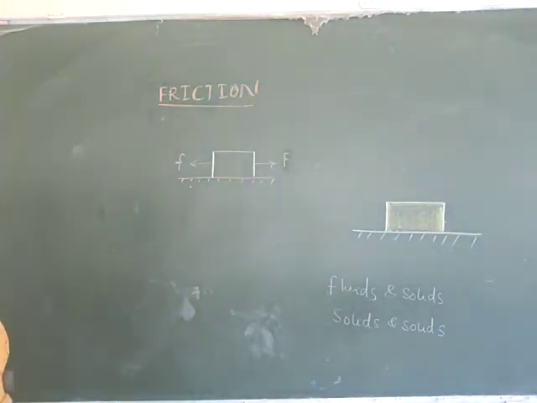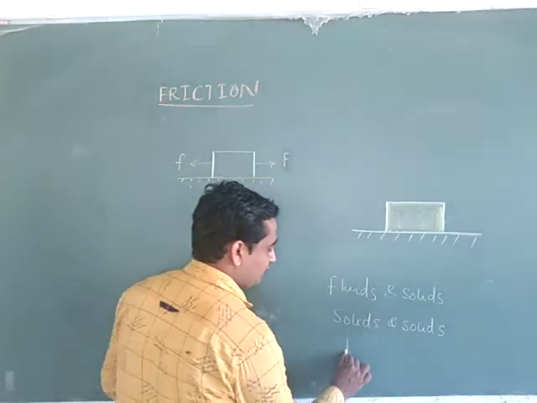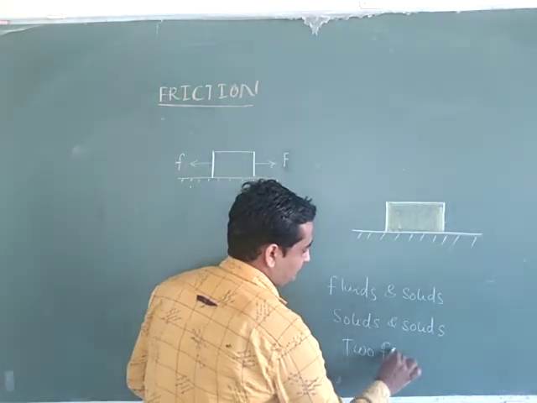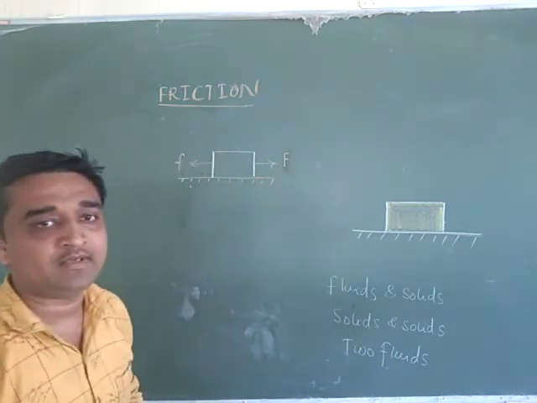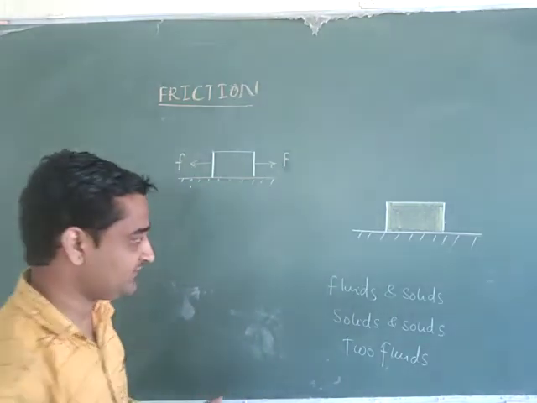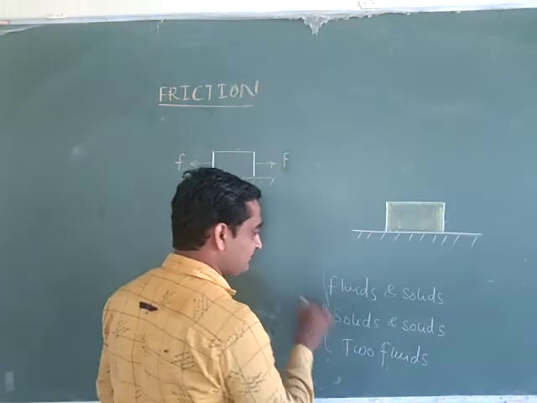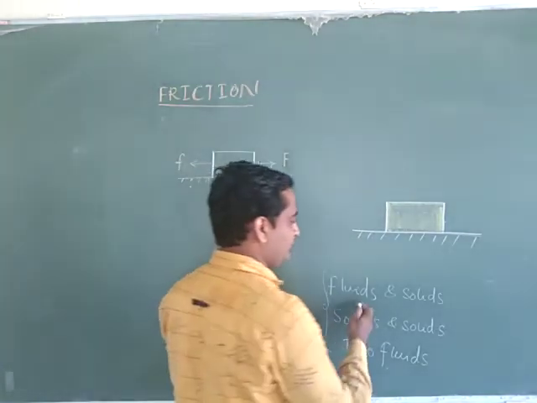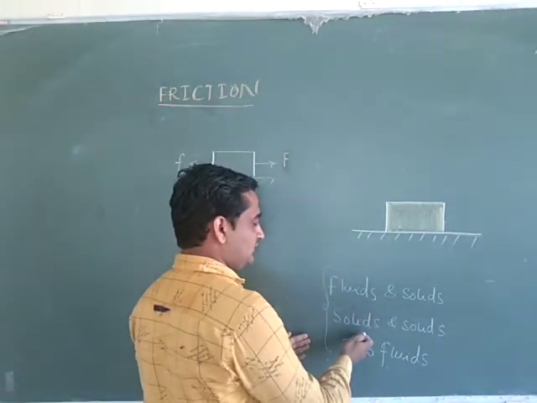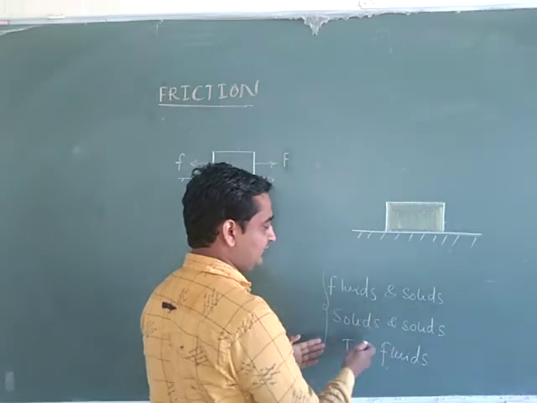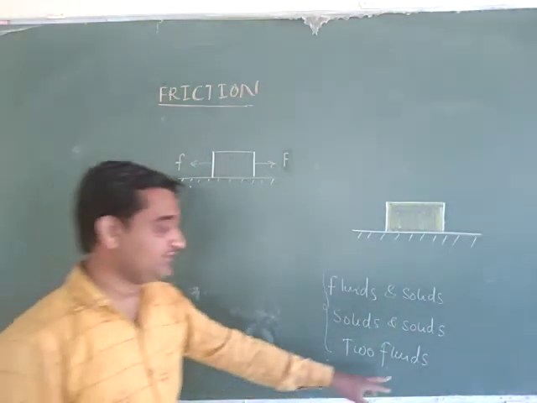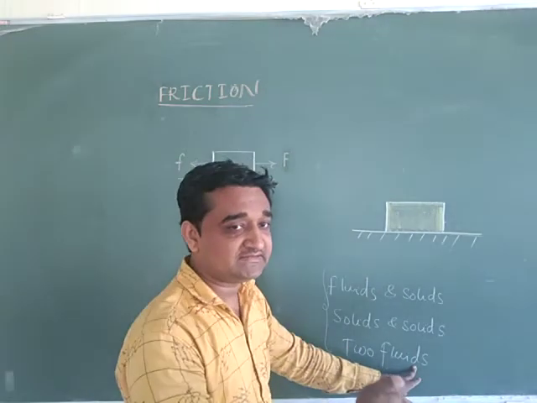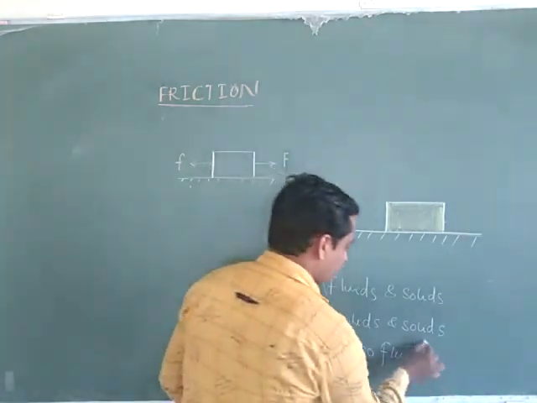And also there may be friction between two fluids, that is between liquids and liquids and between liquids and gases. So we may have friction between the two surfaces such as fluids and solids, and between two fluids. Here fluids are nothing but gases and liquids together.